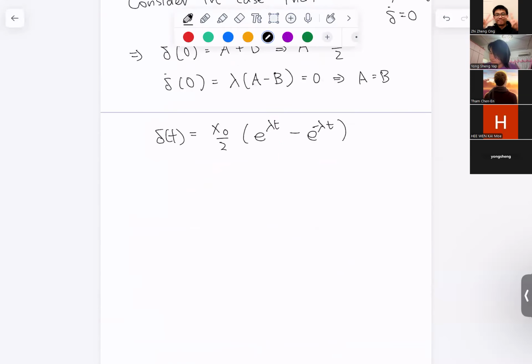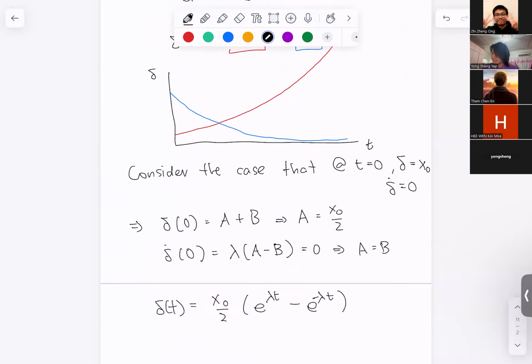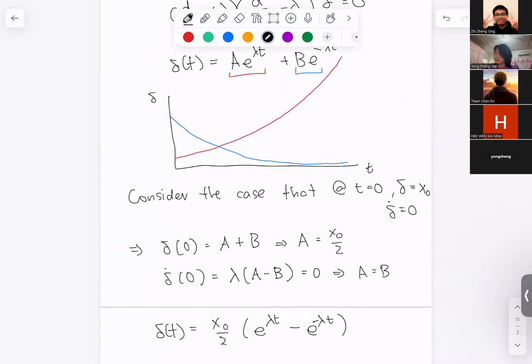And what that tells you is that in some systems, unlike the bead on a rotating hoop, remember that in the bead on the rotating hoop, this guy over here just oscillates around the equilibrium position. Okay? But in some cases, if you just displace it away from the equilibrium point, what happens is not that it oscillates.